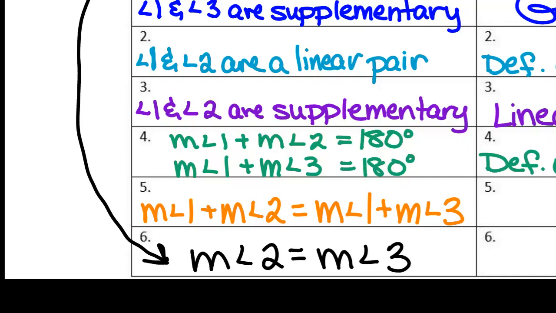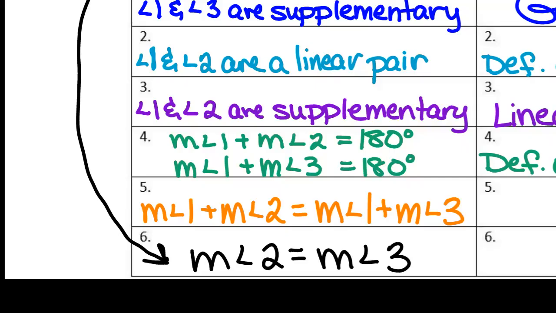There's two different reasons that I could use here on this one. We could say, well, I took the 180 out from this equation and I replaced it with all of this. If I make a replacement like that, what's happening? Substitution. The other thing that I could say is I have something equal to 180 and something else equal to the same 180.